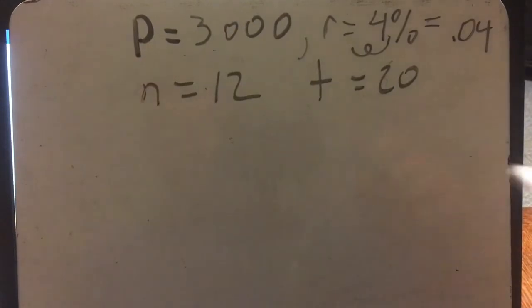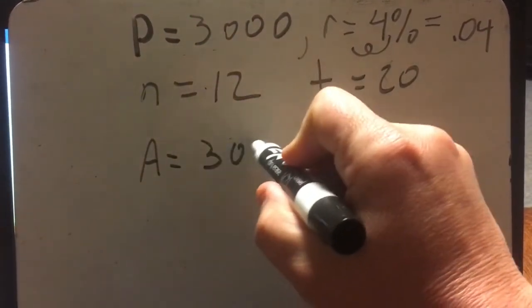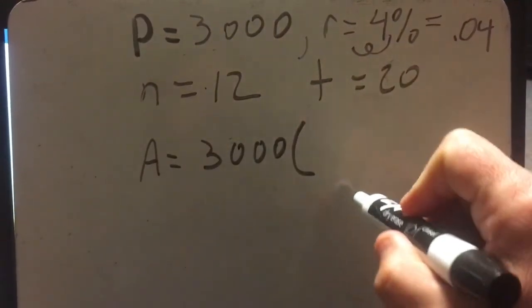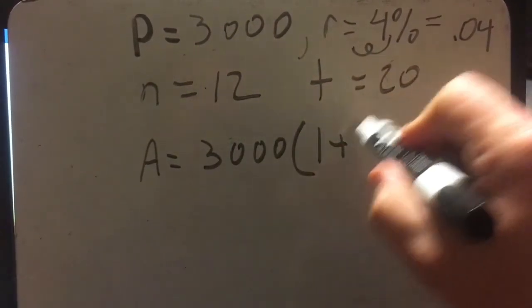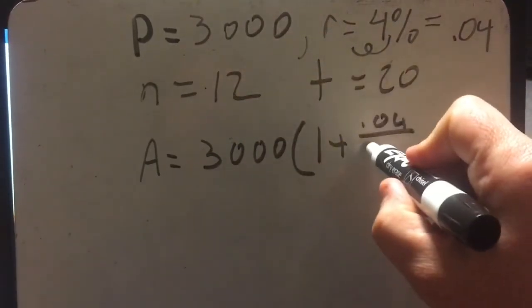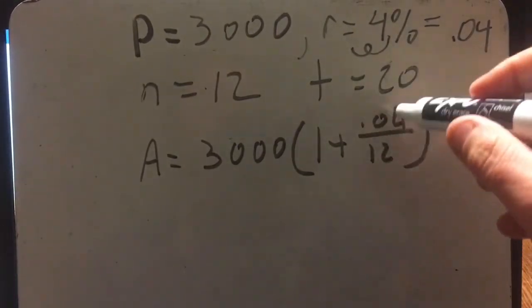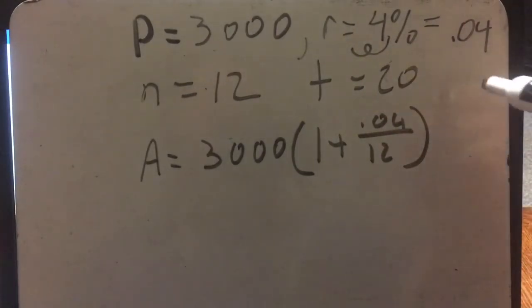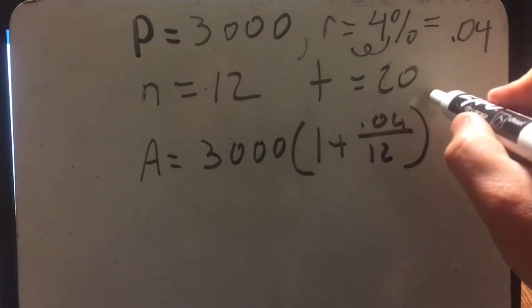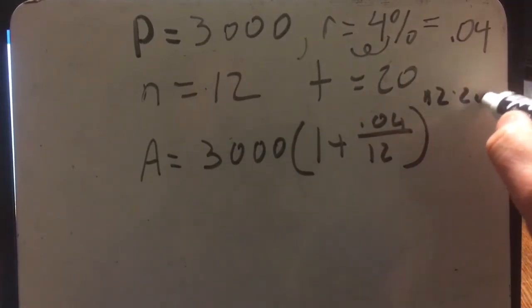So here we go. So the setup looks like this. We've got 3,000. We know we've got 1 plus our rate, and N, how many times it's going to compound. What this is really doing is breaking up the 4% over the 12 months. And then N, which is 12, times 20.